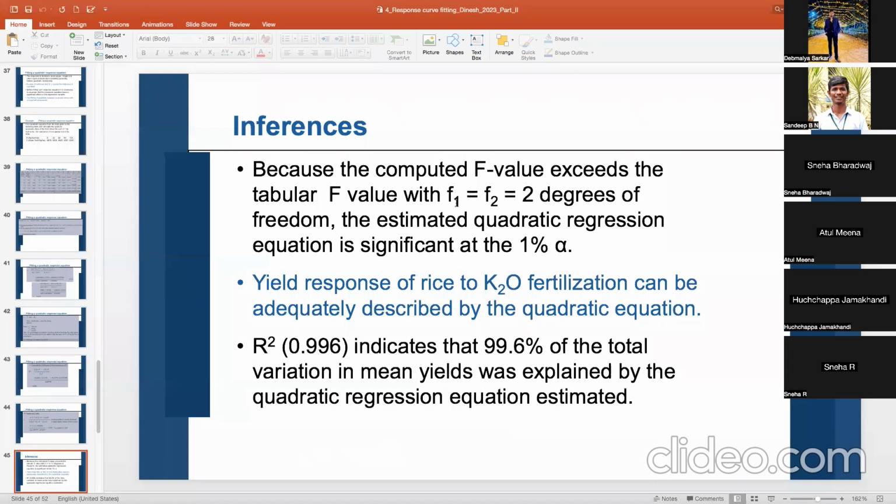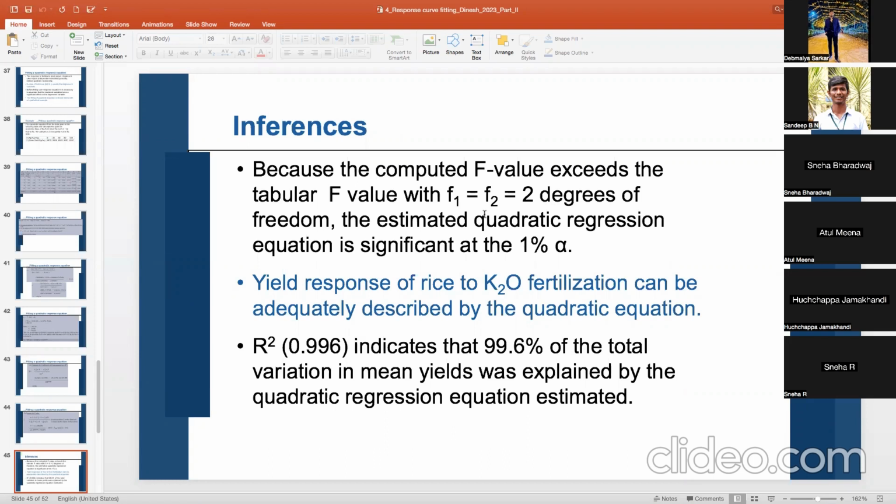So in the first row, in the horizontal column, you look at 2 degrees of freedom, and similarly in the vertical column at 2 degrees of freedom. You will get the table value of F and compare it with the calculated value of F. If your calculated value of F is more than the table value at 1% or 5% level of significance, then it is significant, otherwise it is not.